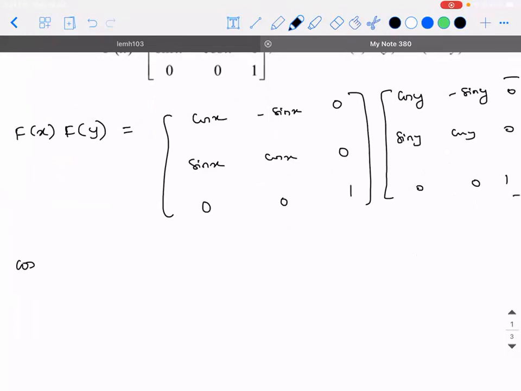Cos x cos y, cos x cos y minus sin x sin y plus 0. So that is the first element. Second element is minus cos x sin y minus sin x cos y plus 0. And the third element is obviously a 0. Okay. Second row, first element.